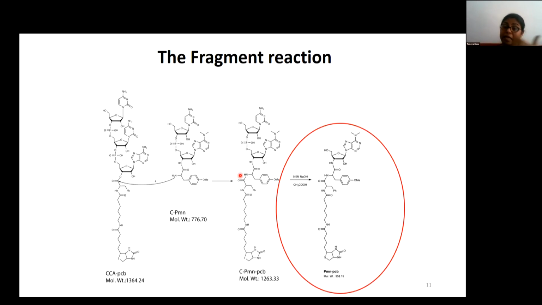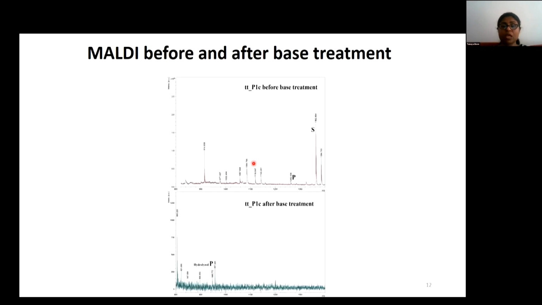Therefore, if we later check the sample on MALDI and find the rest of the product intact, this should confirm that what we achieved at the end of the reaction was indeed a peptide bond. So this is before the base treatment.